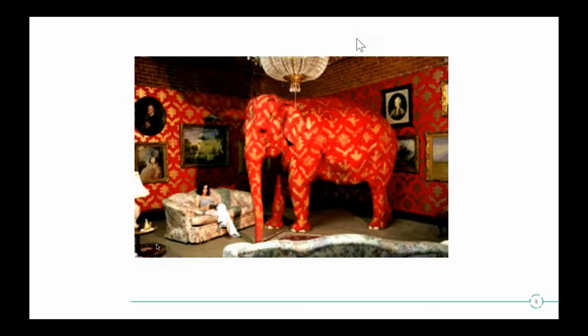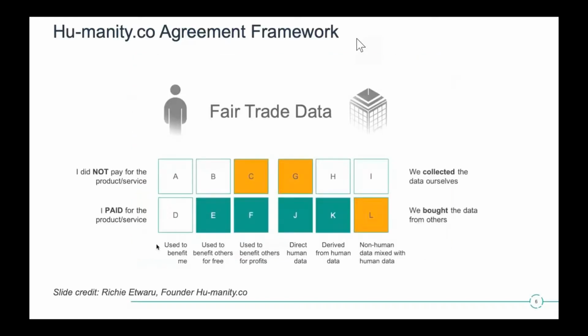So for those of you who are not familiar, one of the companies that I advise is called Humanity.co, and they are trying to essentially create a digital property for people's data. And it's caused sort of a big stir in the industry, especially, when I think of PulsePoint, for example, we have a large amount of data, and that data is an asset to our company, but that data isn't necessarily our data.